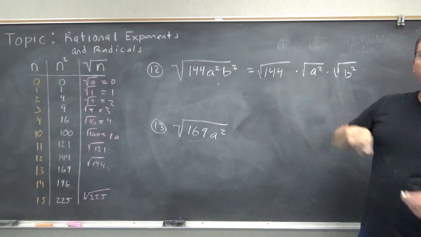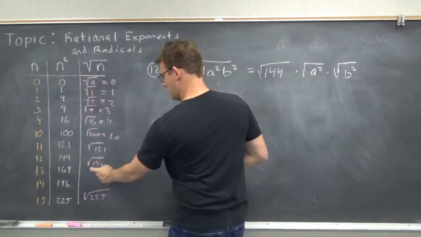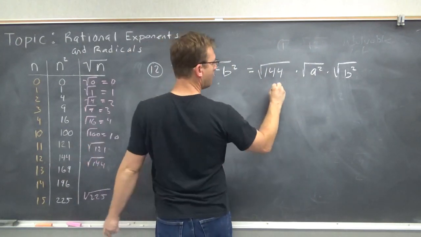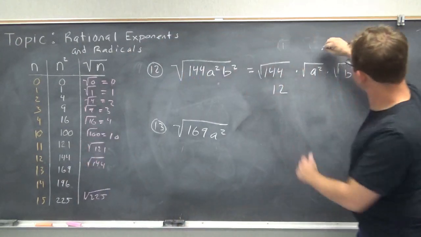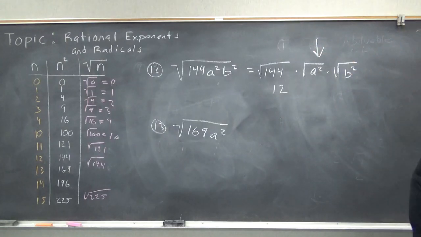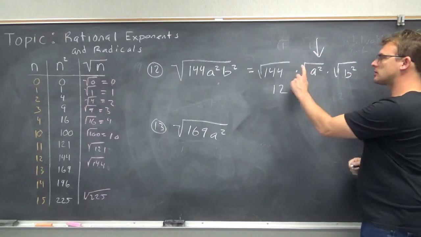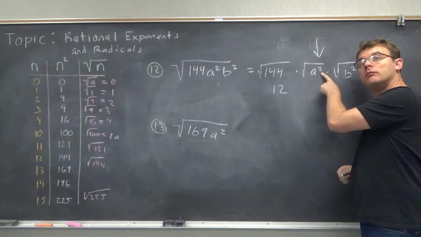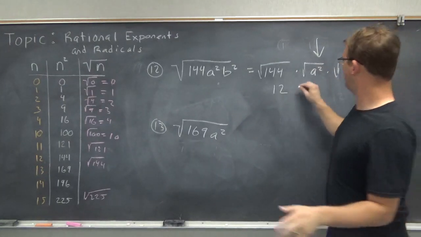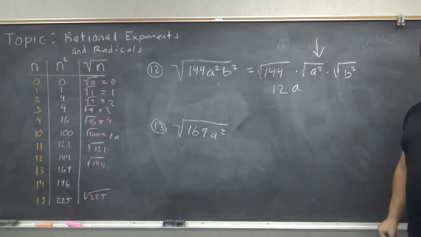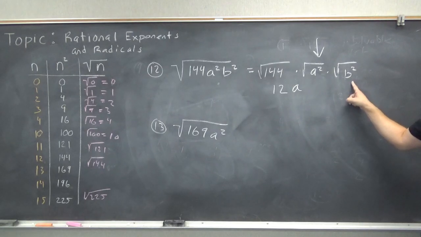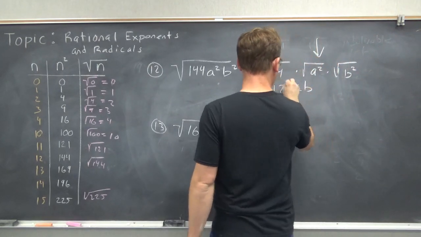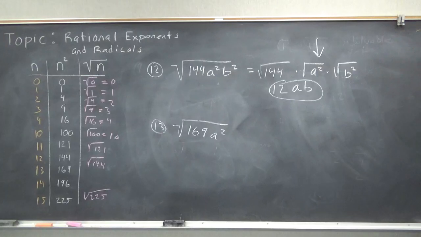So what's the square root of 144? 12? Do you remember this? What happens when you have a square root and a square? They cancel each other out. Isn't that the same thing? There's your answer.